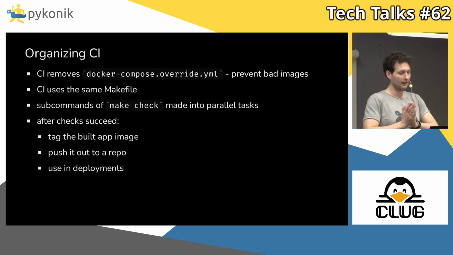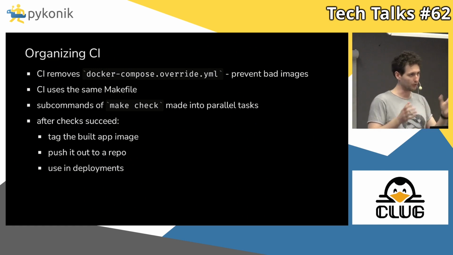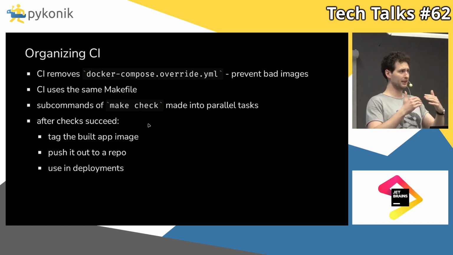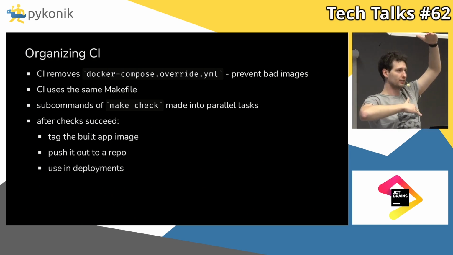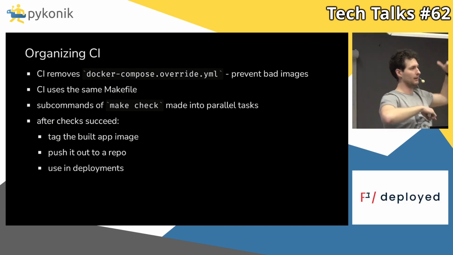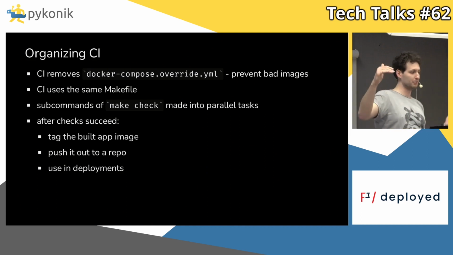CI should use the same Makefile that the developers use, or your script file if you don't use a Makefile. Although I wouldn't use make check, because this is just going to give you a wall of output, and also on the first error it's going to fail, and you might want more information about what succeeded and what failed.